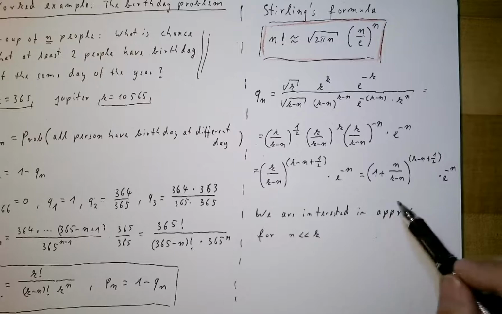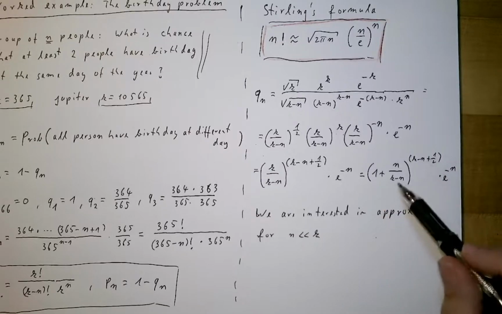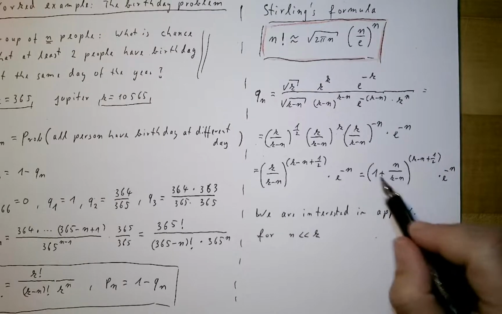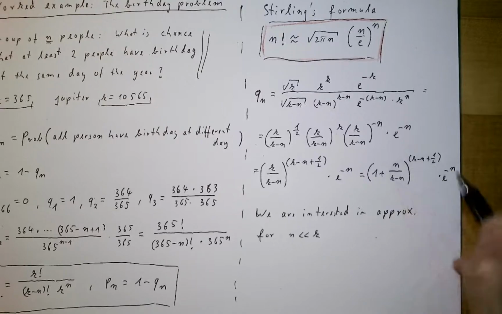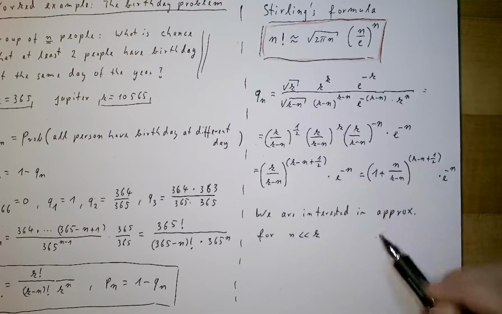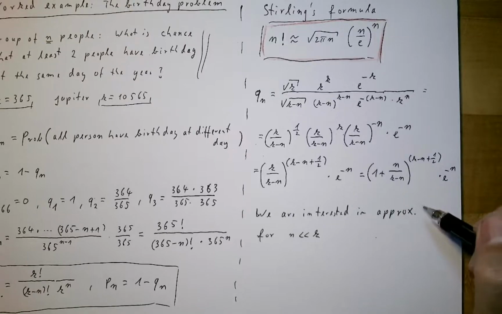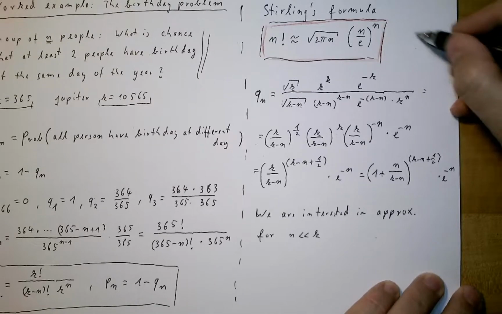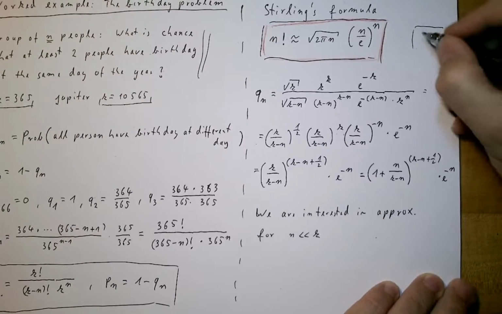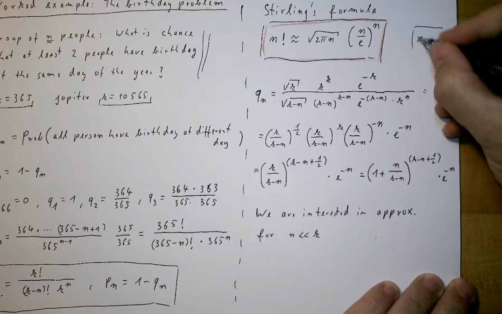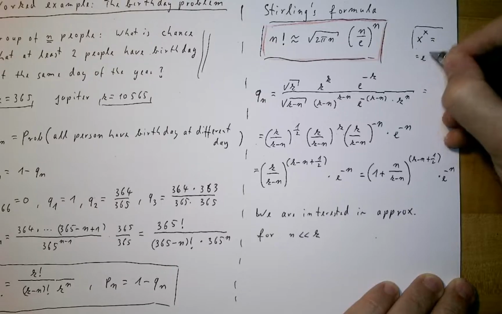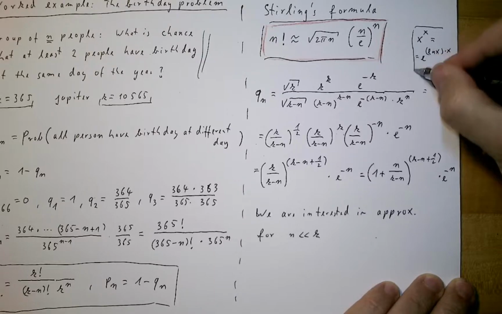Now we have 1 plus something small, and this cries out for a Taylor expansion of this whole term around 1. But first, one trick: if you have x to the power x, then we can write this as e to ln x times x.